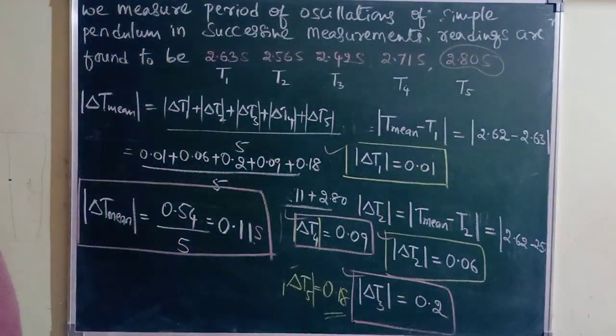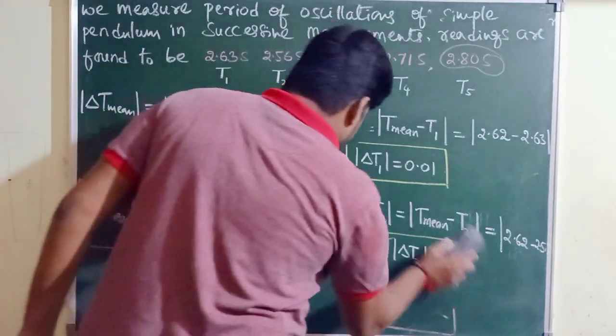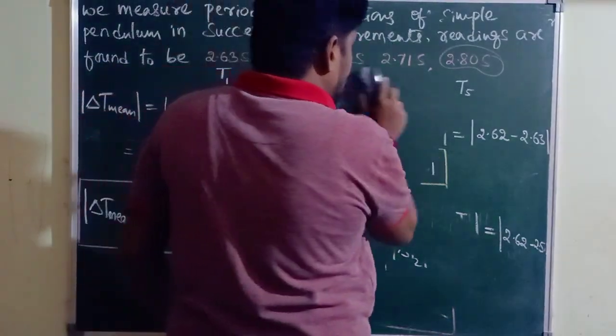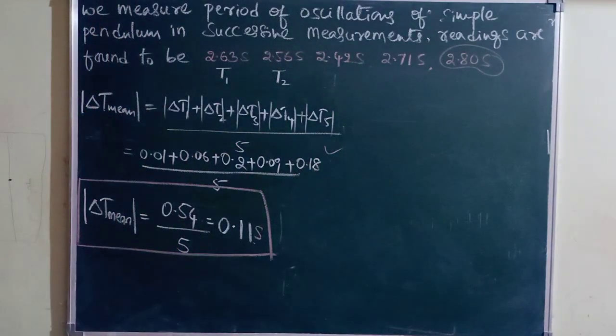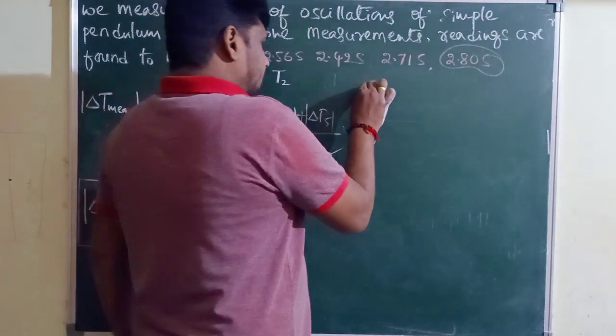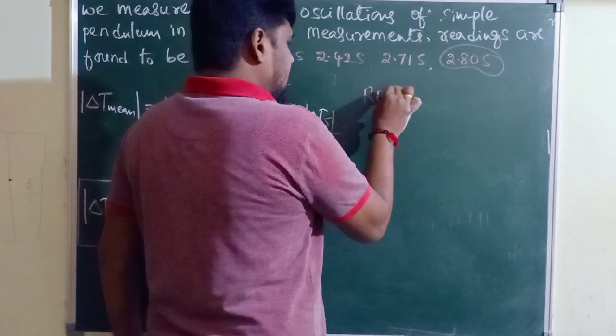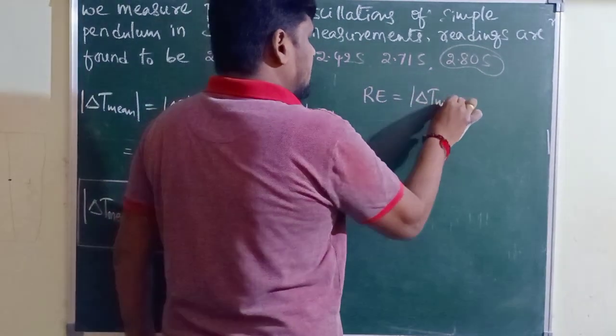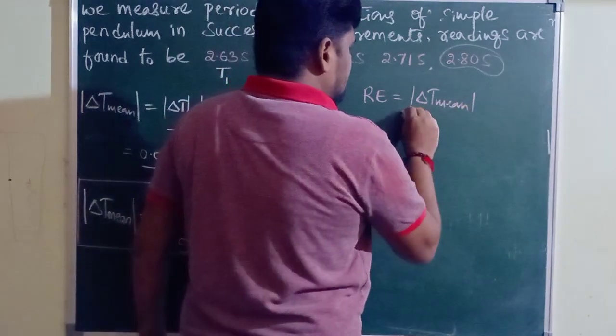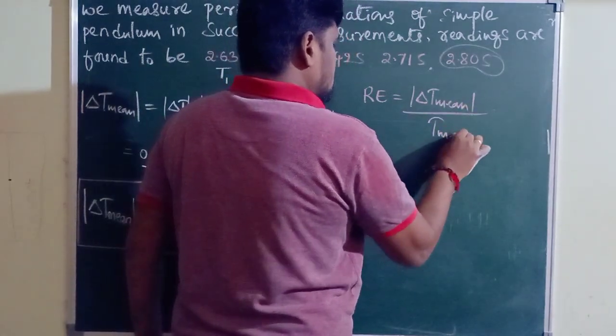Then we are going for relative error. After absolute error, we are calculating the relative error in the measurement. The relative error is given by the formula delta T mean divided by T mean.